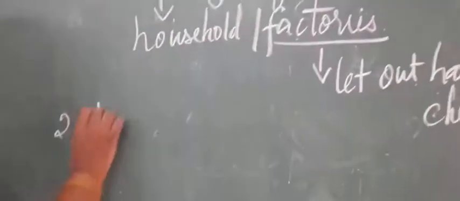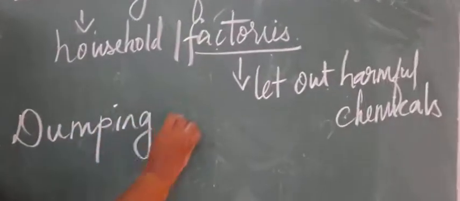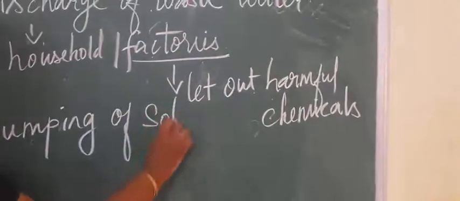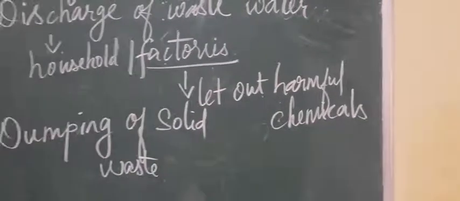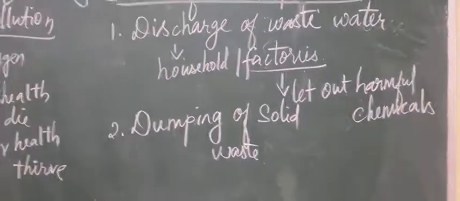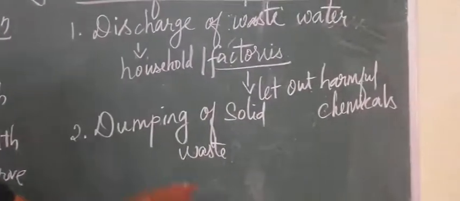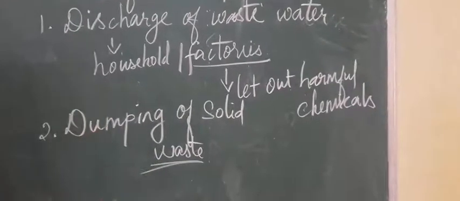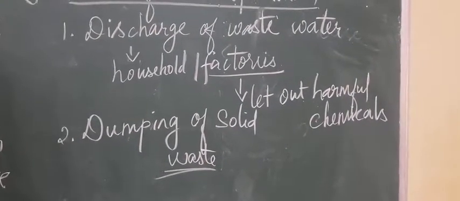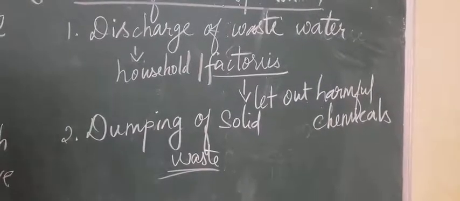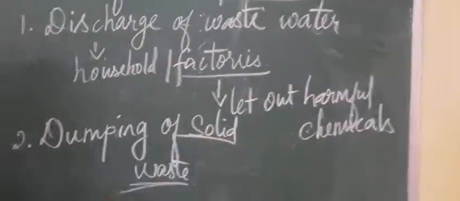The second one is dumping of solid waste. Even in front of a school, we can see waste materials, broken stones and weeds, and from the household, all things are just thrown into the water bodies, the solid waste, isn't it?